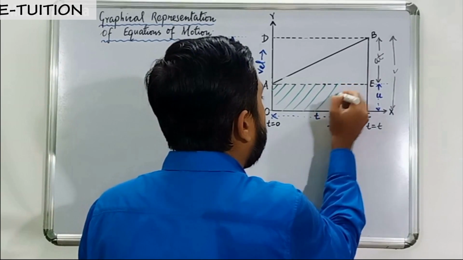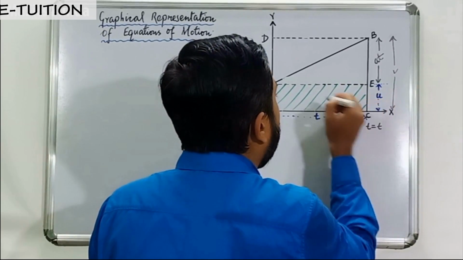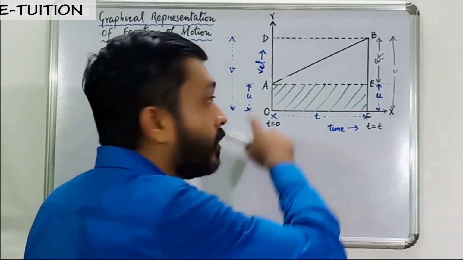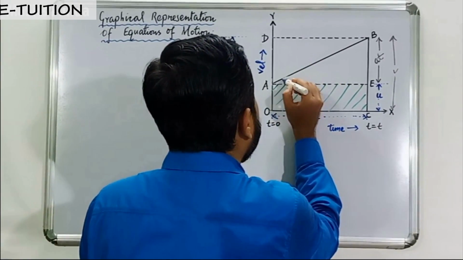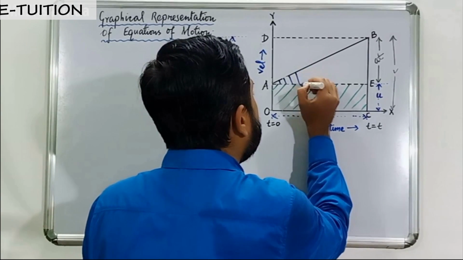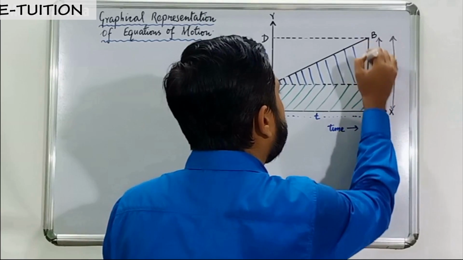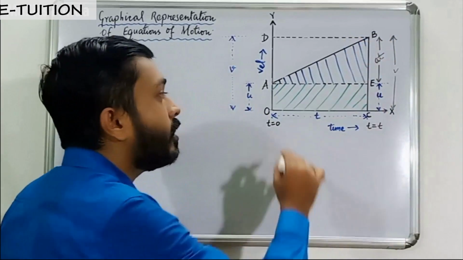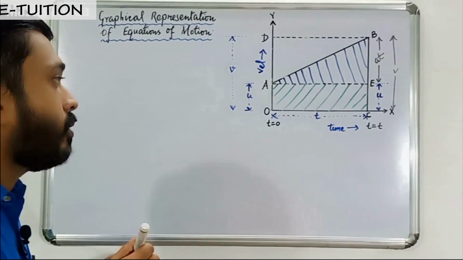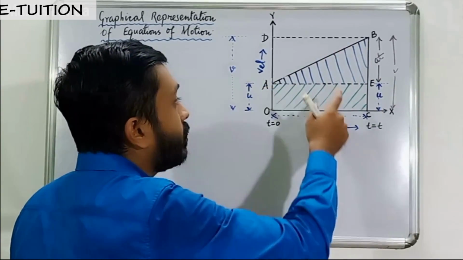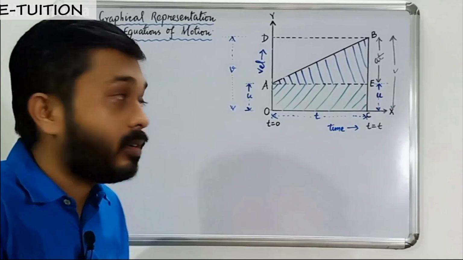First one is this rectangle, and the second one is the triangle. The entire area under the velocity time graph is divided into two parts. First one is a rectangle, second one is the triangle.